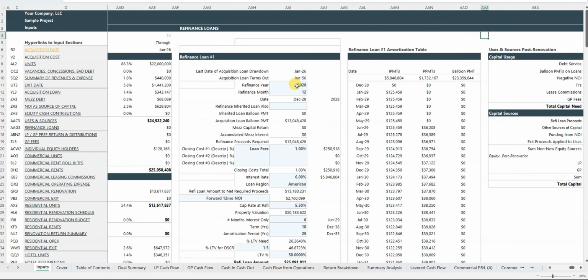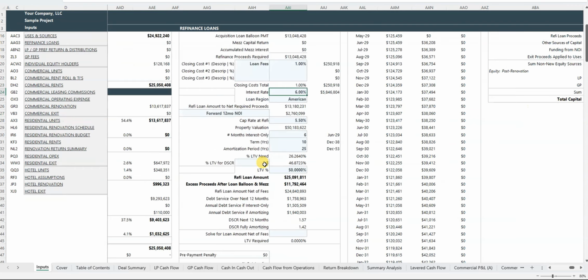My refinance loan functionality is quite good. You can indicate when the refi is going to happen, say what are my fees, my interest rate at that time, the cap rate at that time, so we have to value the property at the time of the refi. So maybe we say here it's a 9 cap just like the exit.